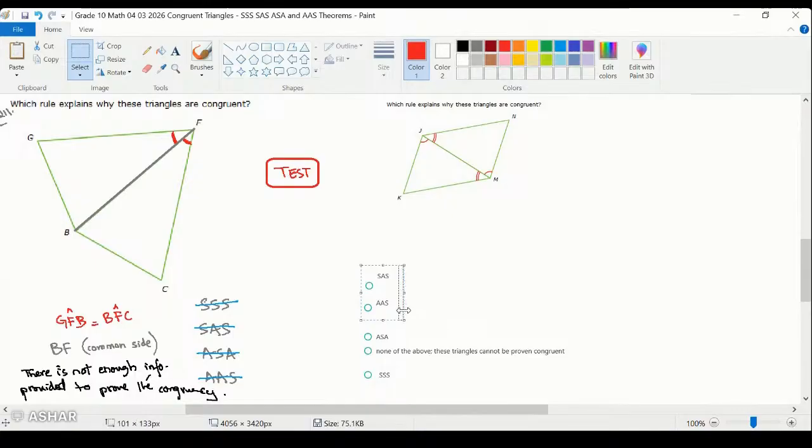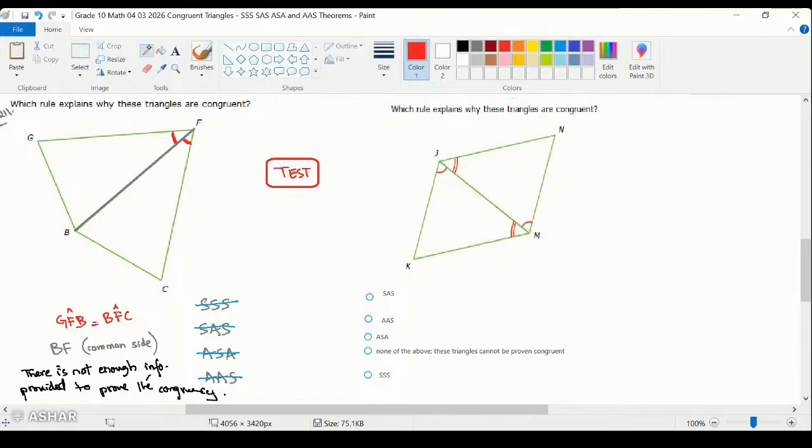Either we can have side, side, side, or side, angle, side. This is question number 1 from the test. We have options A, B, C, D, and E. 5 options are given to us.